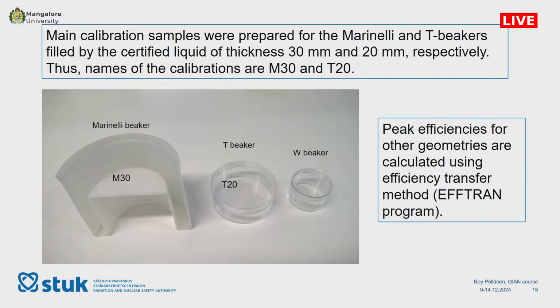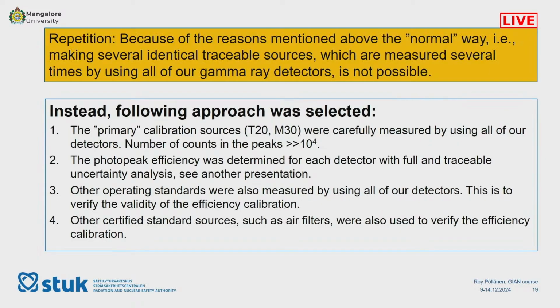But we have 18 detectors, so it's not possible to measure, for example, 5 calibration samples per detector. That's why we very carefully measured only once, so that we get very big peaks, lower limit 10,000 counts per peak.